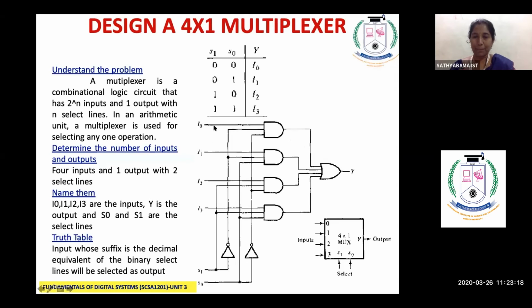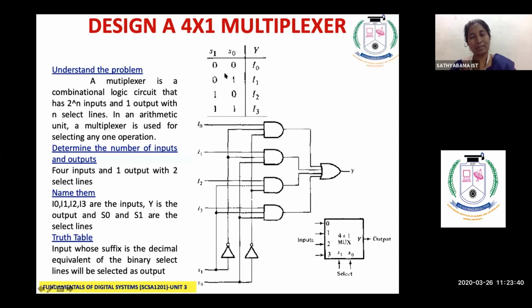That is why it has been intelligently designed. First we understood the logic, and then we designed it. So the intelligence in the entire circuit lies only in connecting the appropriate select lines S0 and S1 to the corresponding AND gates.